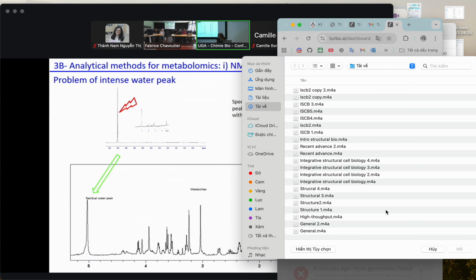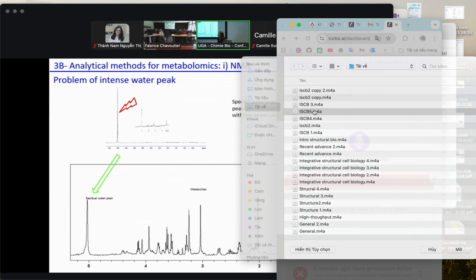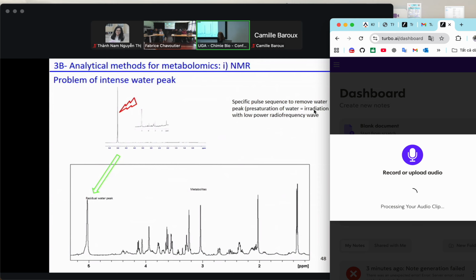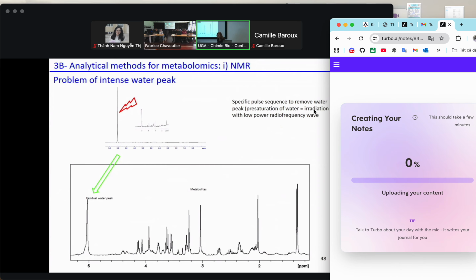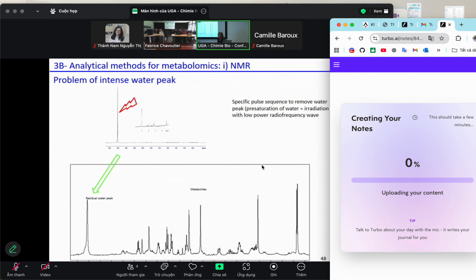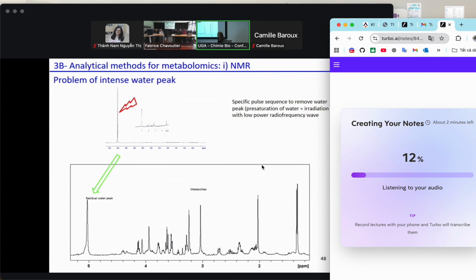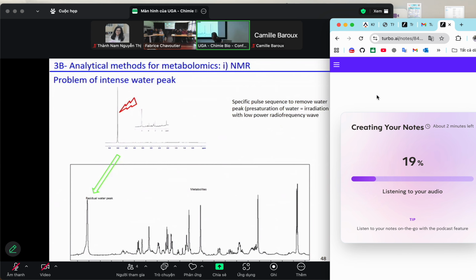This isotope has no spin, so we use deuterated solvents: deuterated water, deuterated chloroform, deuterated methanol, etc. This suppresses the signal of the solvent, because when you detect the proton, you do not detect the signal of deuterium.